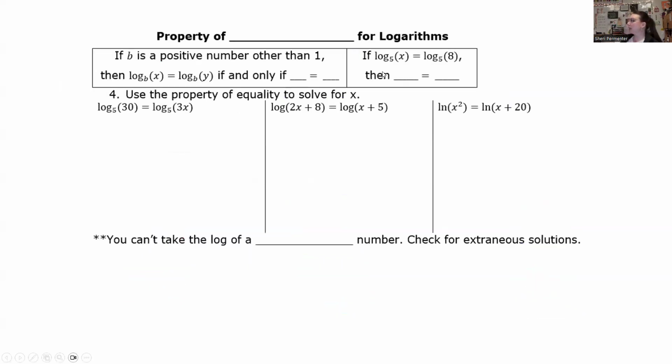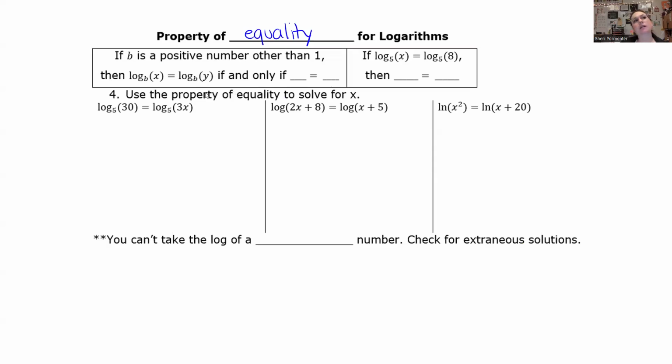The property of equality for logarithms is pretty much the same. If b is a positive number other than 1, and you have log base b of x equals log base b of y, this works if and only if what is equal to what?